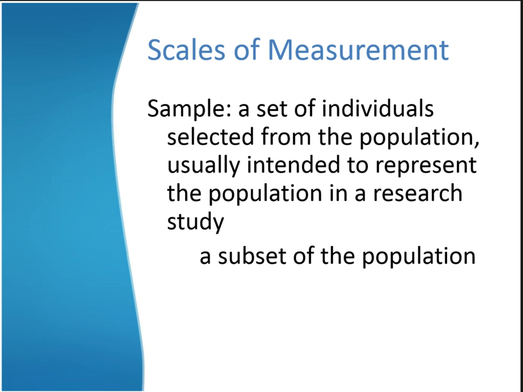And the population can be large or small depending on what you're studying, but you're still never going to study the whole entire population. So what we use is a sample, and that's usually a set of individuals that are selected from the population that's intended to represent the population.